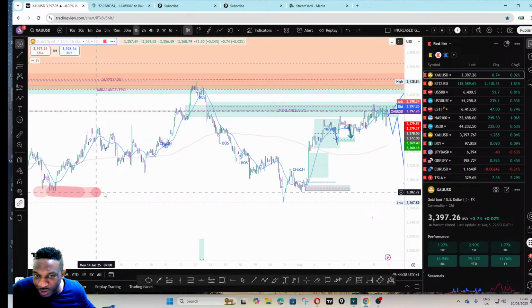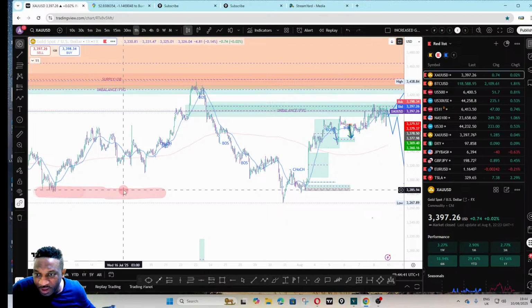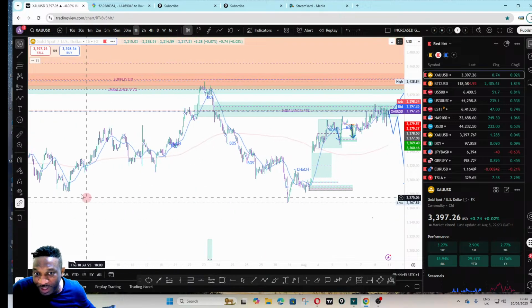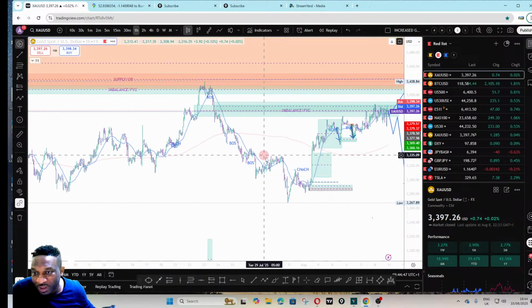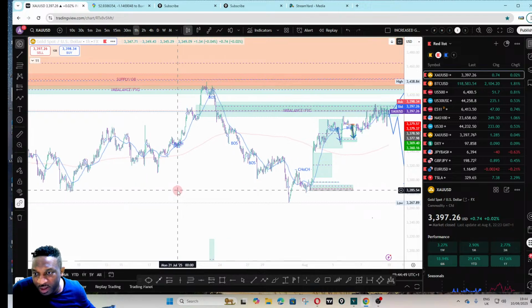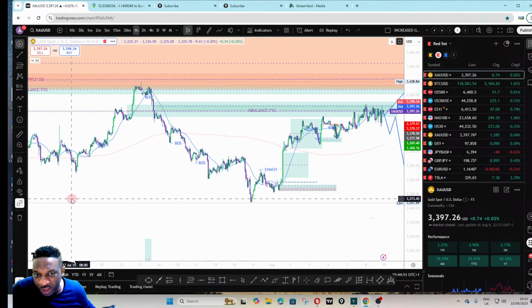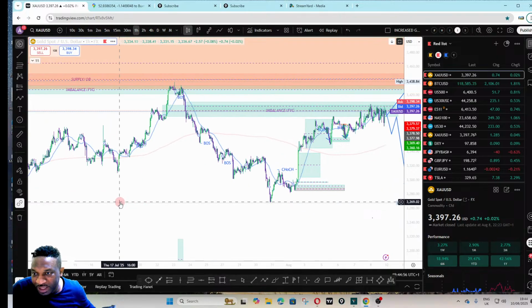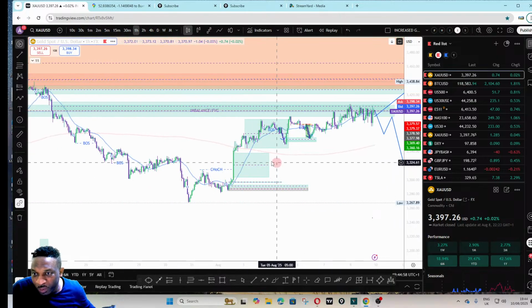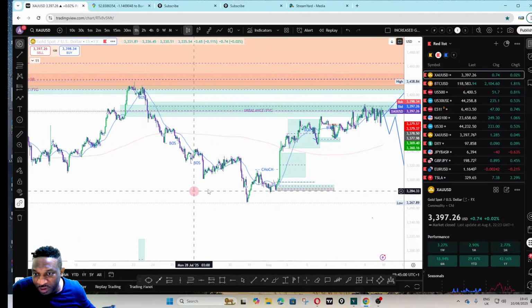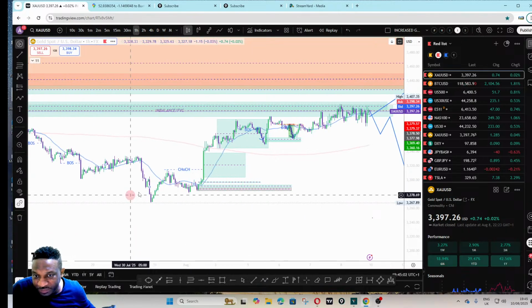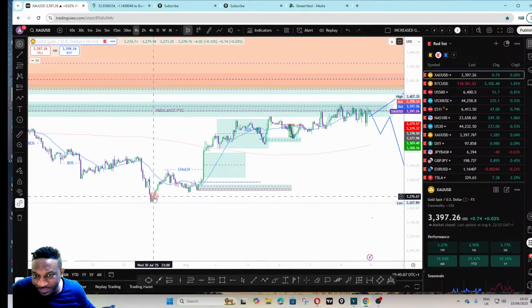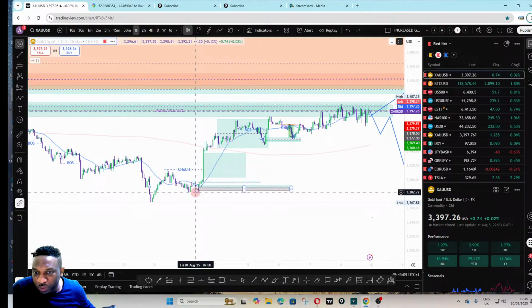So they cleared all this liquidity that we were waiting for. So these areas were also pending areas that we were waiting for, that got cleared. I think last week this liquidity area got cleared. So we had a pending area, just as we have a pending area here. So this got cleared, and then we had this push up.